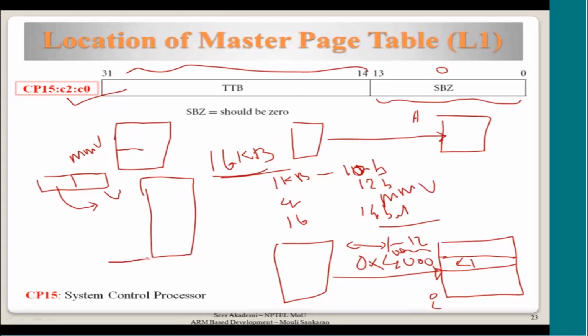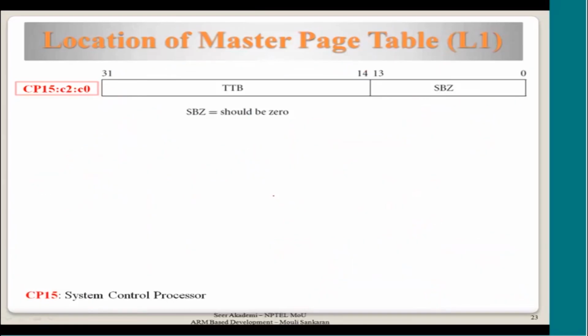So for that we need to know where the table is starting. The starting address could be physically anywhere, so that is stored in the register. It can't be anywhere else. It has to be in a coprocessor register, so that it can be used by the MMU whenever it wants to access the L1 table. That is why you are seeing that it is on a 16 KB boundary, so the lower 14 bits are 0.